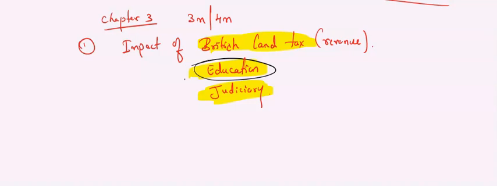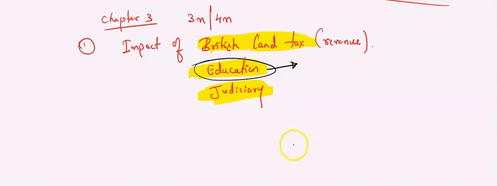And similarly, judiciary. Children, for education, they can ask you the question in this way. Make a note. Make a list of the effects of British modern education in India. Or the same question can also be asked in this form. Make a note.